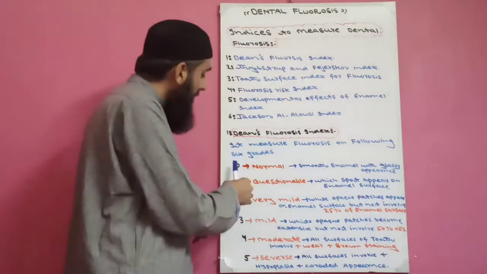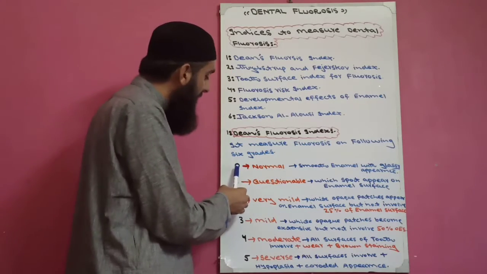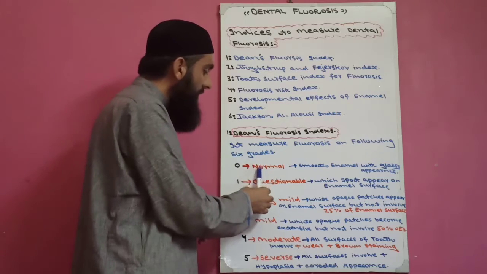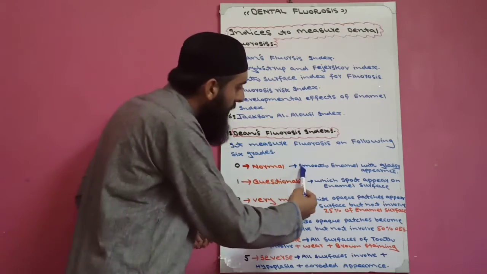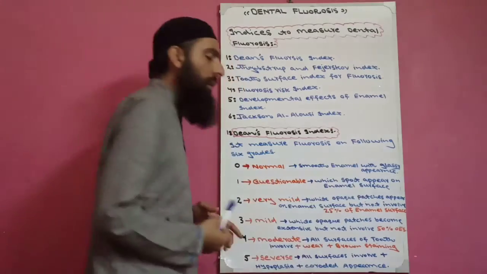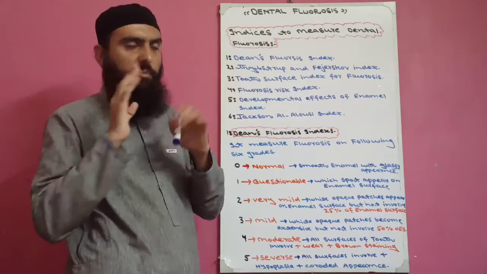Now, when the Dean fluorosis index grade is 0, it means the tooth is normal and its appearance is smooth enamel with a glassy appearance.